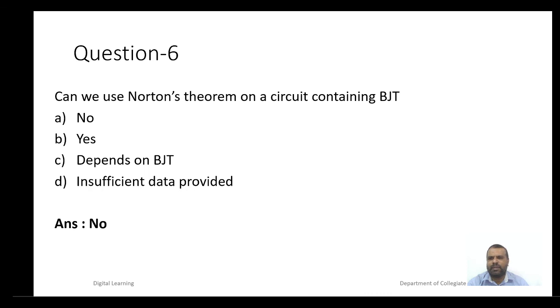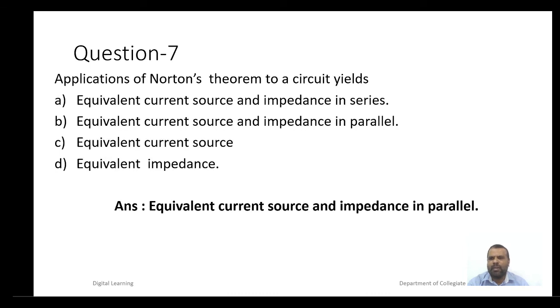Question number 6. Can we use Norton's theorem on a circuit containing BJT? The options are option A, no, option B, yes, option C, depends on BJT, option D, insufficient data provided. The correct answer is no. Question number 7.